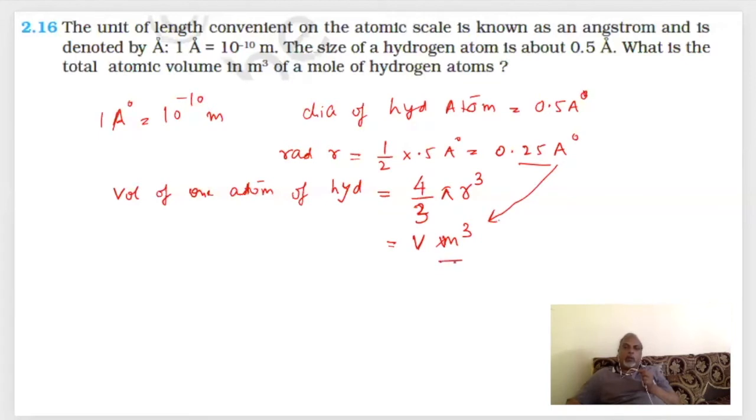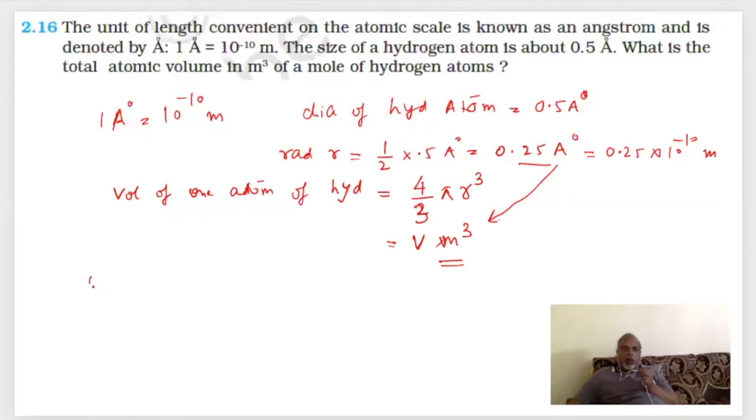Please do remember to change the unit from angstrom to meter, so you can write it as 0.25 into 10 raised to minus 10 meter. Now, if you put the value of r in meters in this formula, then it will give you the volume in meter cube.